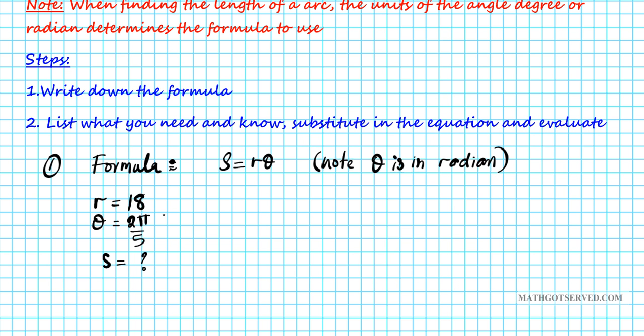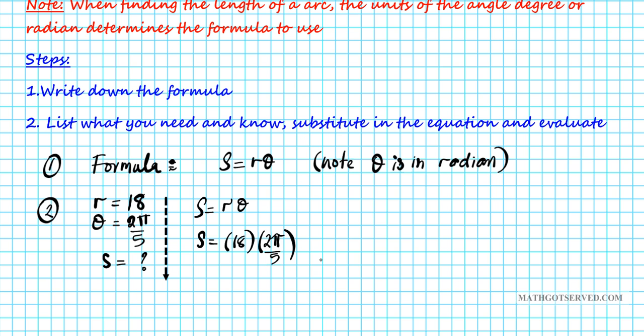All right, so let's plug everything into our arc length formula from step 1 and use it to compute the length of the arc. Okay, so we're going to have S. Let's write the formula again. S is equal to r theta. So S is equal to the radius, which is 18, times theta, which is 2 pi over 5.